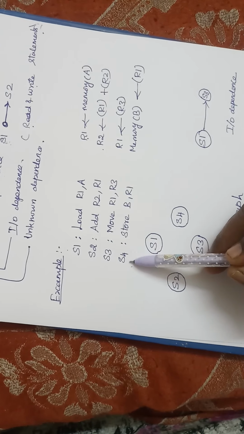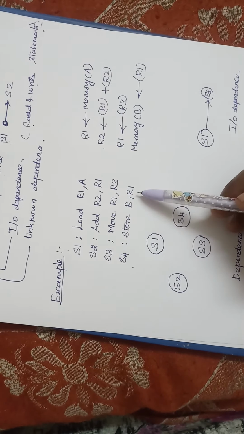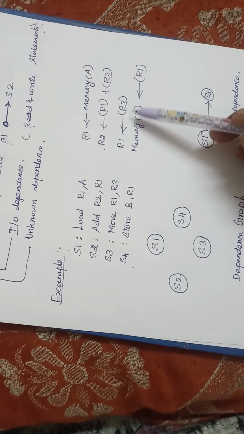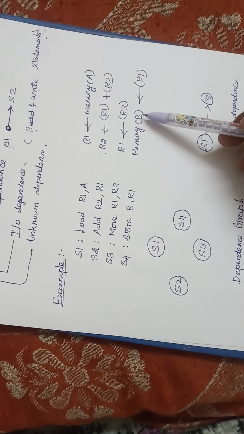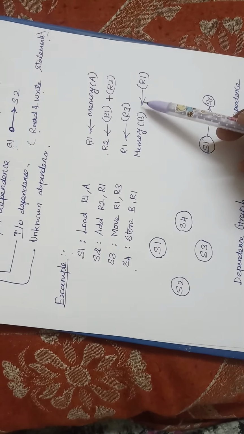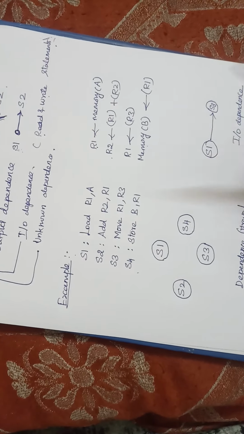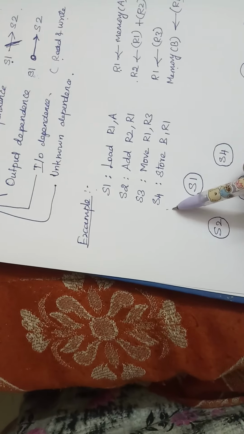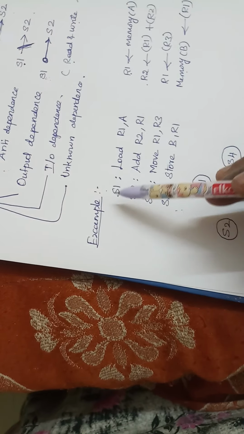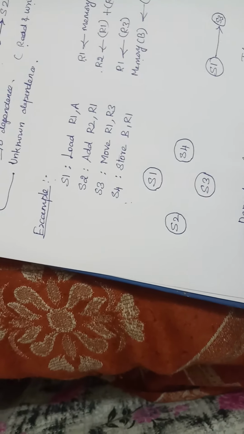Then statement S4: store B, R1. That means the value of R1 is stored in memory location B. So these are the 4 different statements given for this example. With these 4 statements, we are going to draw a dependence graph. How to draw?